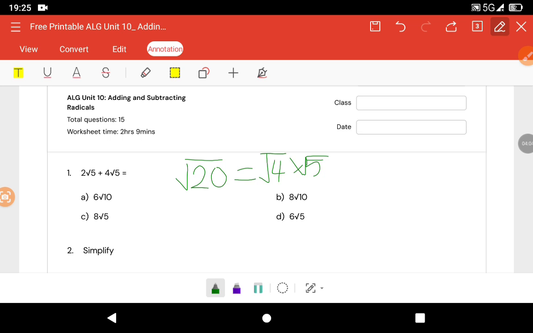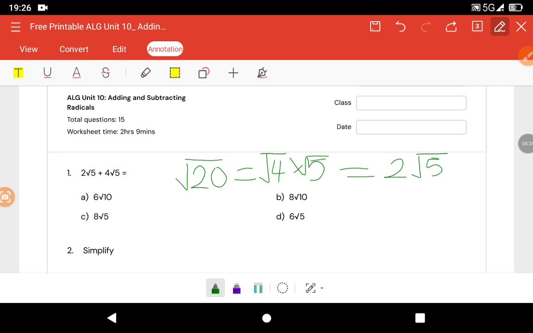Root 4 multiplied by root 5. So what is the square root of 4? Square root of 4 is 2. So this is 2 times root 5, and that's 2 root 5. So we have now reduced this root 20 to its simplest form, which is 2 root 5.